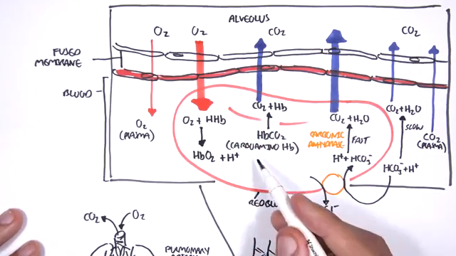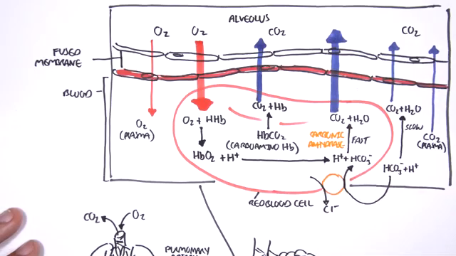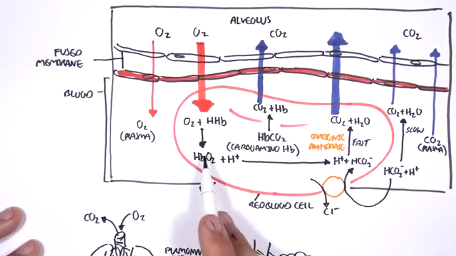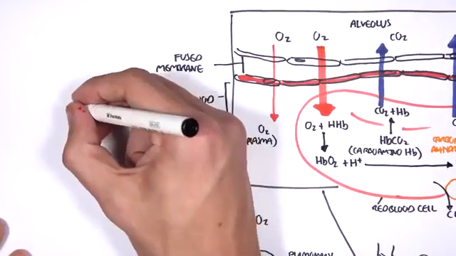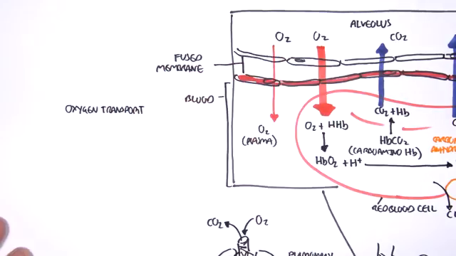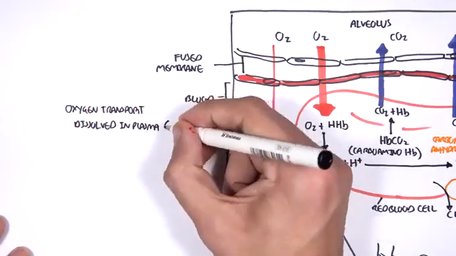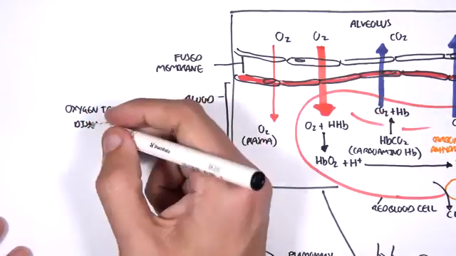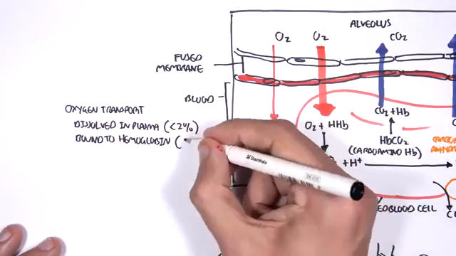And so this hydrogen ion is the hydrogen ion that supplies the bicarbonate reaction here. So again, just to stress what I'm trying to say, oxygen transport occurs through two ways. It can be dissolved in plasma, which is less than 2% of oxygen transported this way. Most of the oxygen is bound to hemoglobin, which is 98% plus.